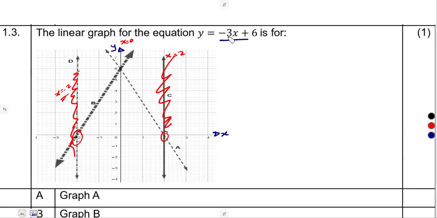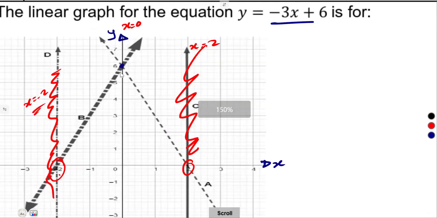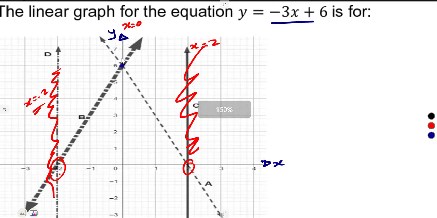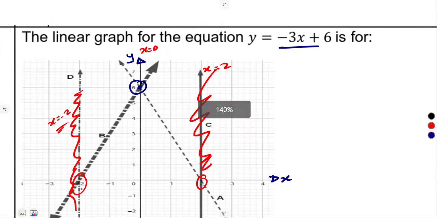Which one can represent this graph? The one that has got a negative gradient. As you can see, they both cross the y-axis, the y-intercept, at 6. Both have the y-intercept. y is equal to mx plus c, the y-intercept. Both are at 6. But which one can we say represents minus 3x plus 6?